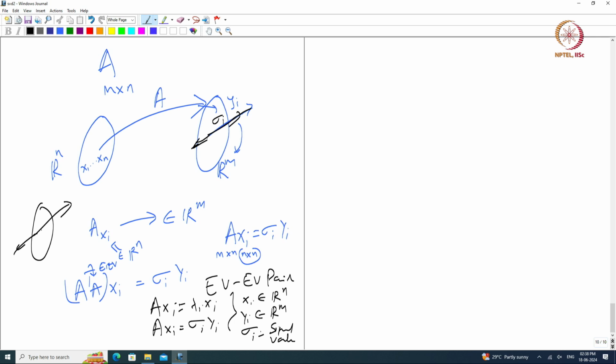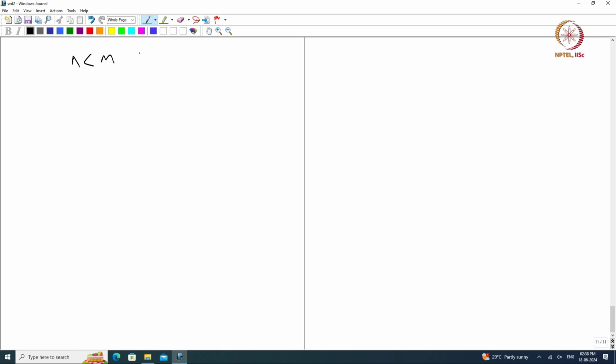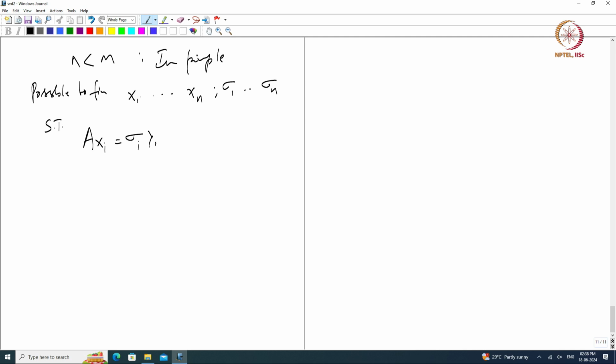Okay. So, since n is less than m, in principle it is possible to find x1 all the way to xn, correspondingly sigma 1 to sigma n, such that A xi is sigma i yi, i equal to 1 to n, where these xi's come from the eigen decomposition of A transpose A, which is now an n cross n matrix.